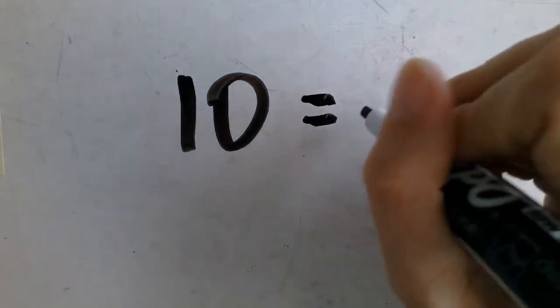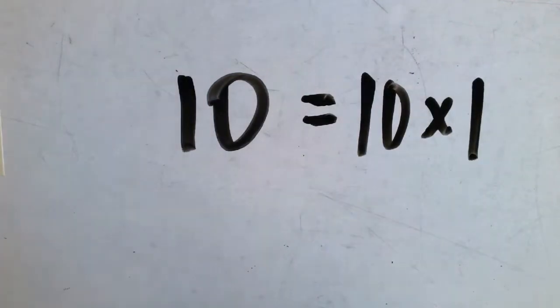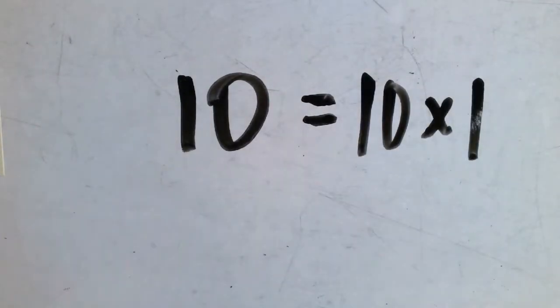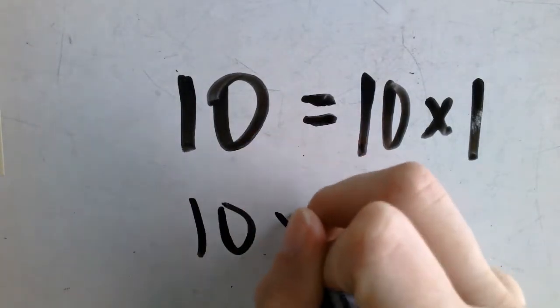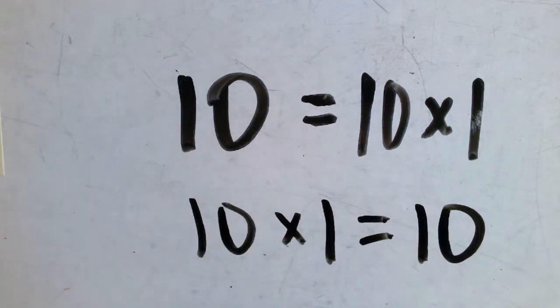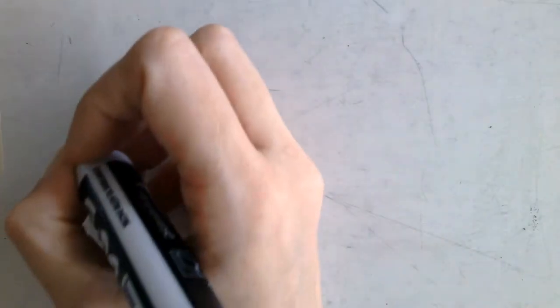So what times 10 gives me 10? 1. On your boards, I would see 10 equals 1 times 10 or 10 times 1 equals 10. Either of these are good answers. Let's try one more example.